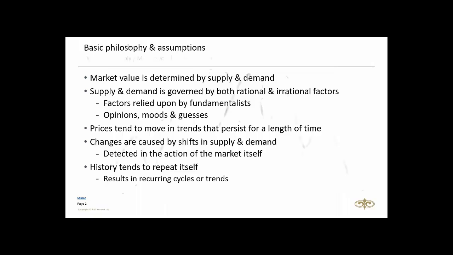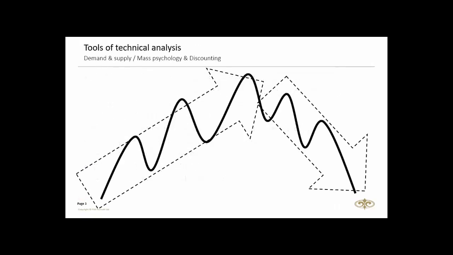If you look at the expectations of all the market players, market prices are determined by the expectations of those market players already in the market, as well as those contemplating getting in.